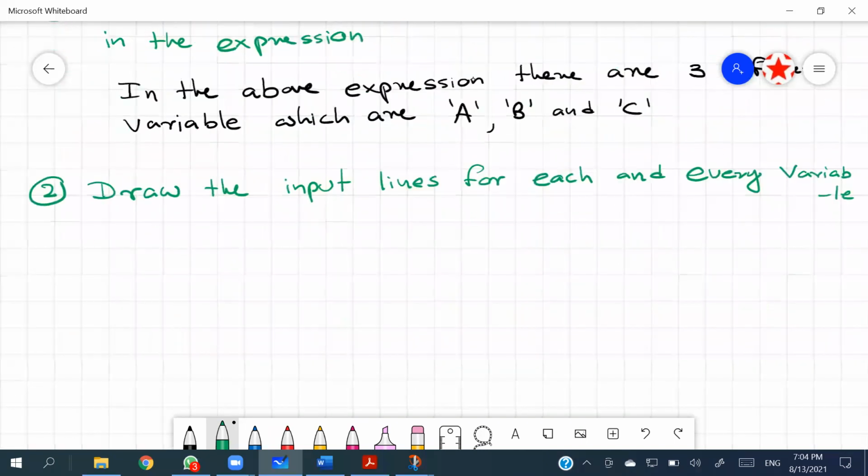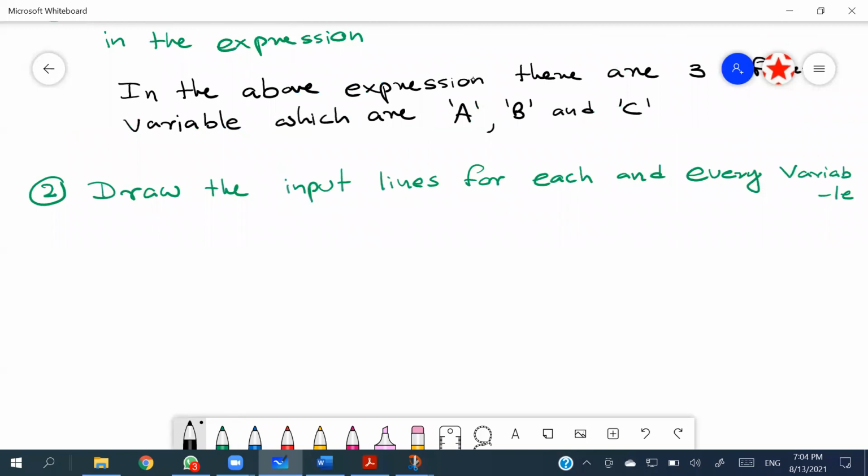Input line means nothing, it's just 3 lines. This will help you to draw your circuit in an easy manner. It is a technique to use. There is no rule to do it exactly this way, but if you follow this, it will be easier for you to do things.